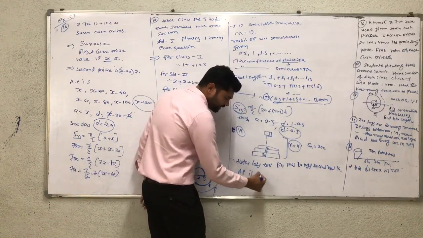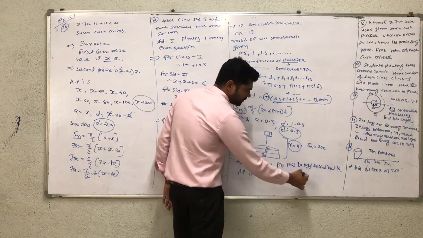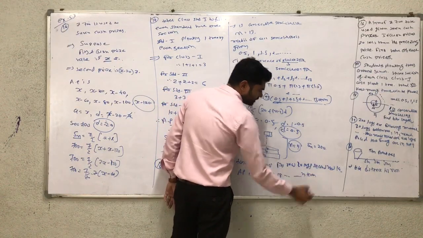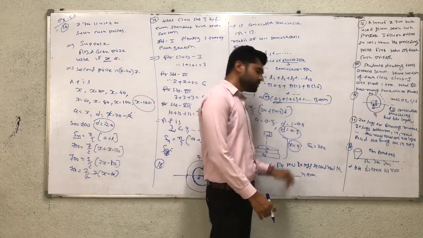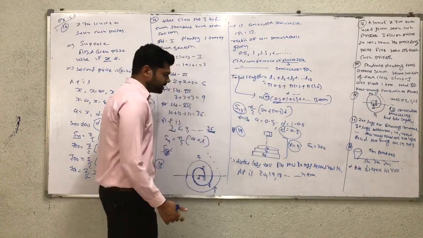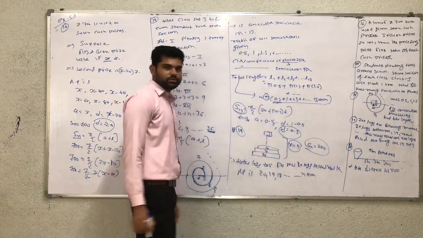So the AP is 20, 90, 80, up to n terms. N term means finding how many rows there are in this arrangement, and the sum of all, it means Sn is equal to 200.